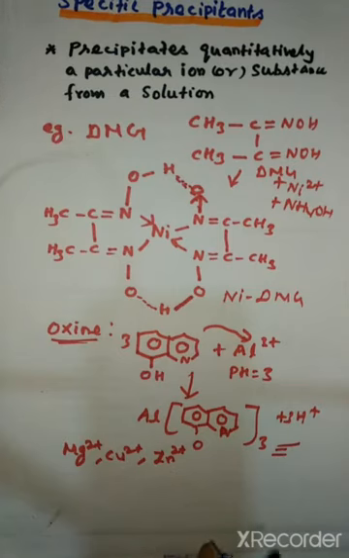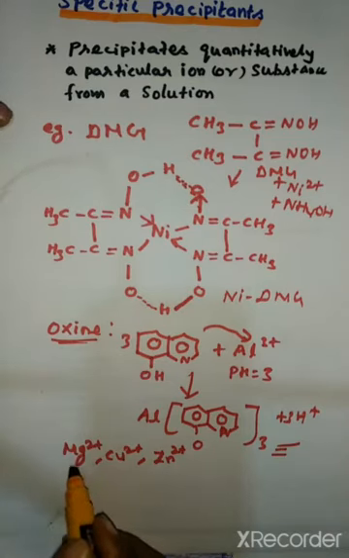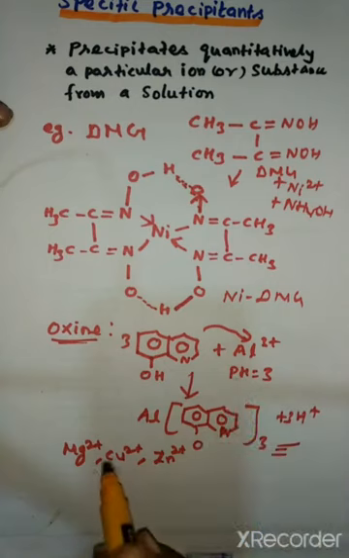So through pH control, a considerable degree of selectivity can be achieved. Thus, using oxine, we can estimate aluminium, magnesium, copper, zinc, and so on.